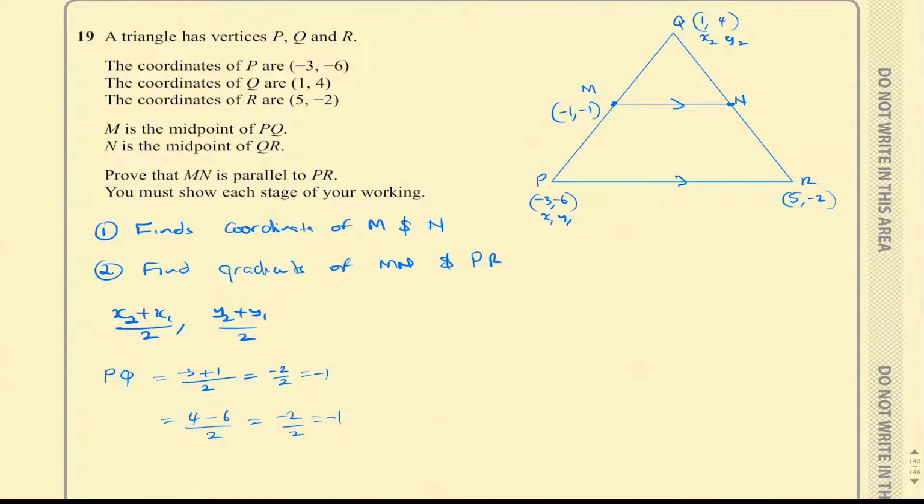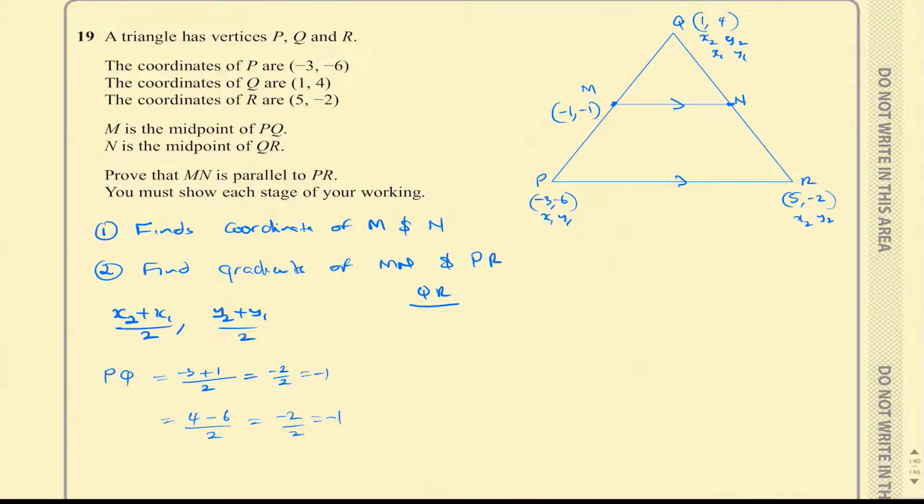We need to find the same for QR. Let's call this one x1, y1 and x2, y2.